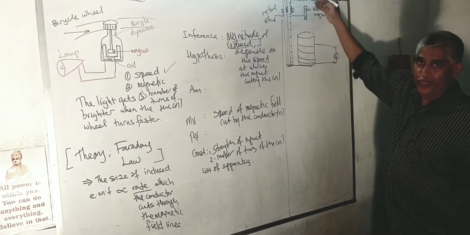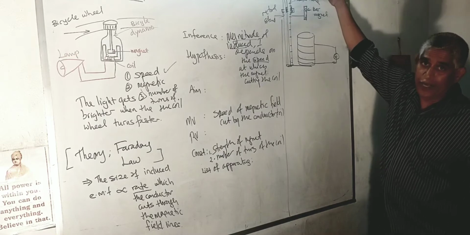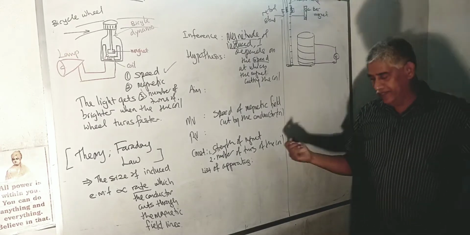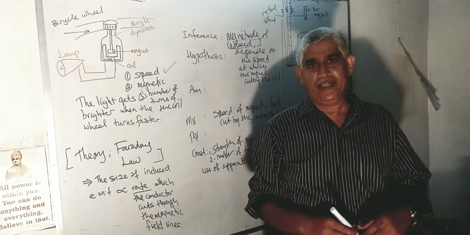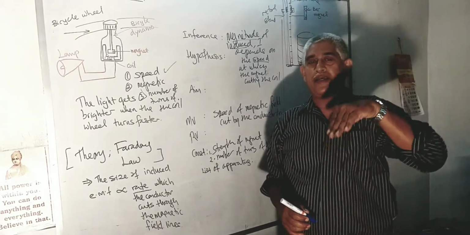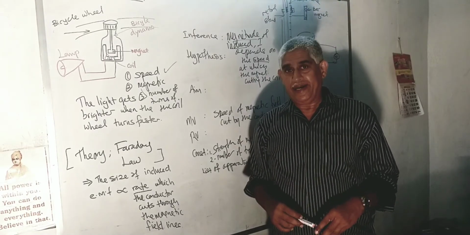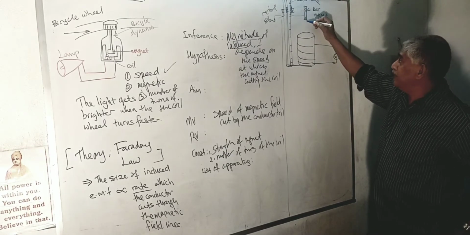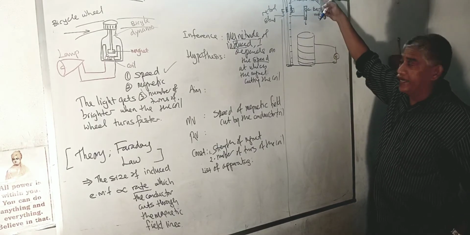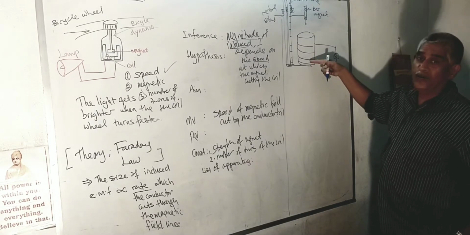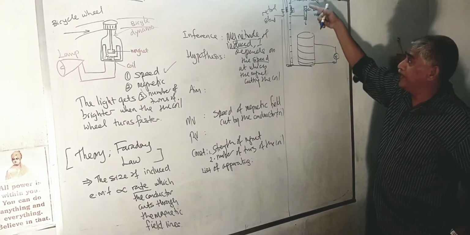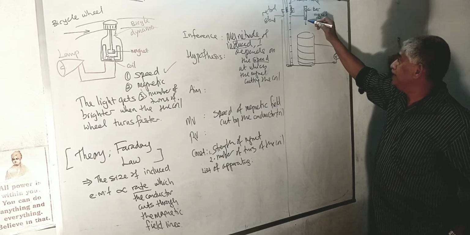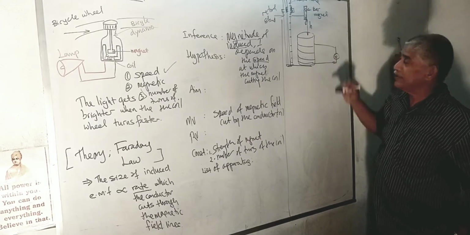The higher you place the magnet, the greater the speed. This is from the conservation of energy. Greater the potential energy, it will be converted into kinetic energy. Gravitational potential energy becomes kinetic energy. So the higher the kinetic energy, the greater the speed, so the greater the cutting of the flux. So as you increase the height, this is the H, then you can control.